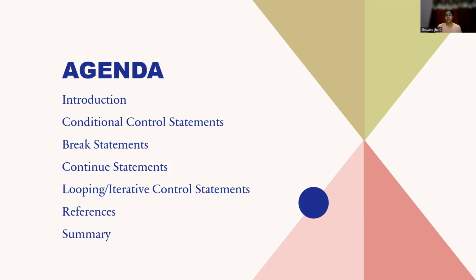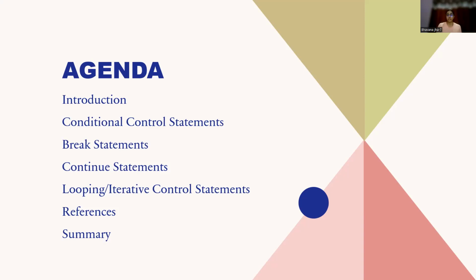Here, HTML is used to create the layout of the web page, CSS is for the styling of the content, and JavaScript is used for the behavior and function of the web page. So in JavaScript, we have many core principles. One of the core principles in JavaScript is control structure.